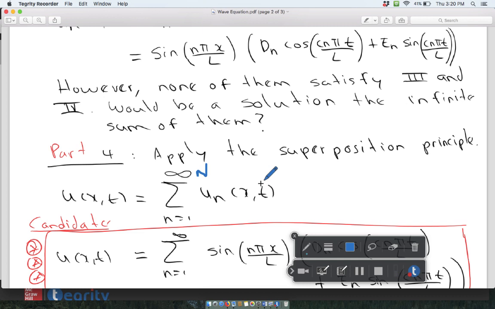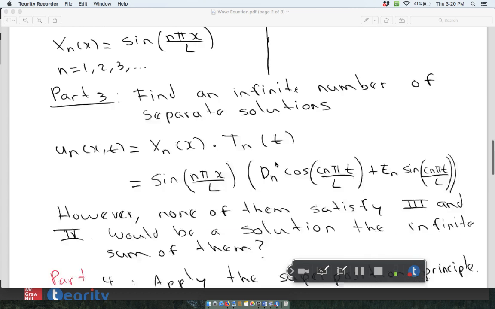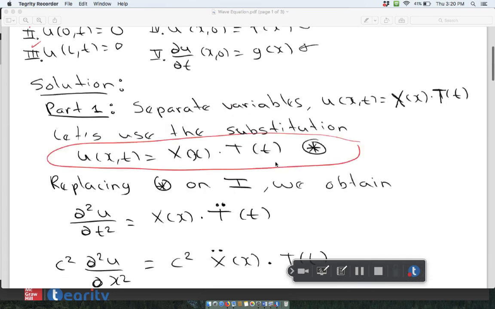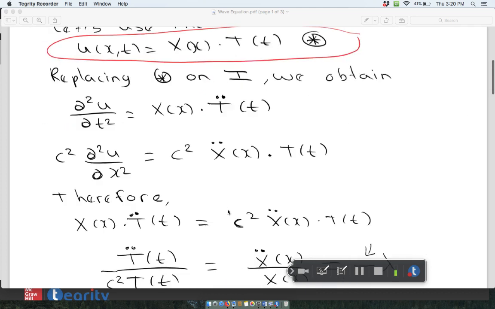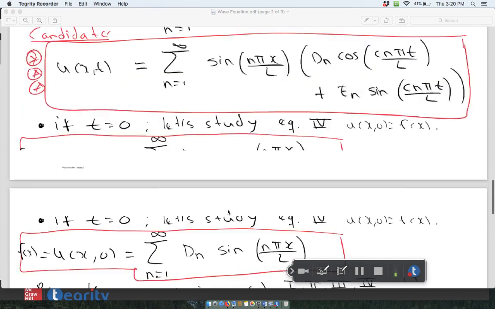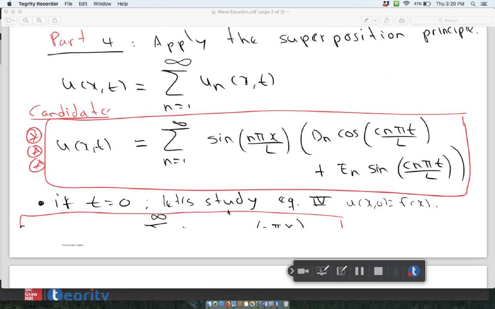But I also need to satisfy conditions 4 and 5. So 1, 2, 3 are satisfied, but 4 and 5 are not. That's what I'm going to try to work on. So this is my candidate for the solution.